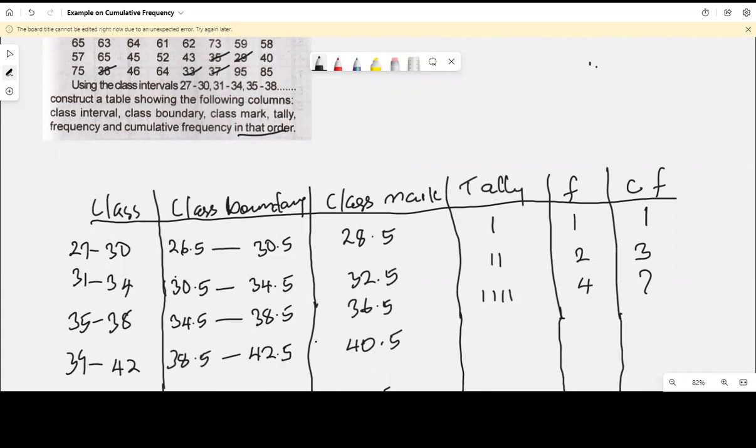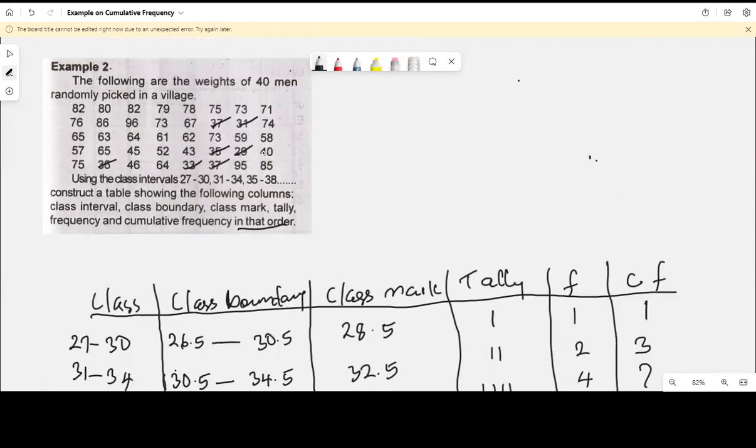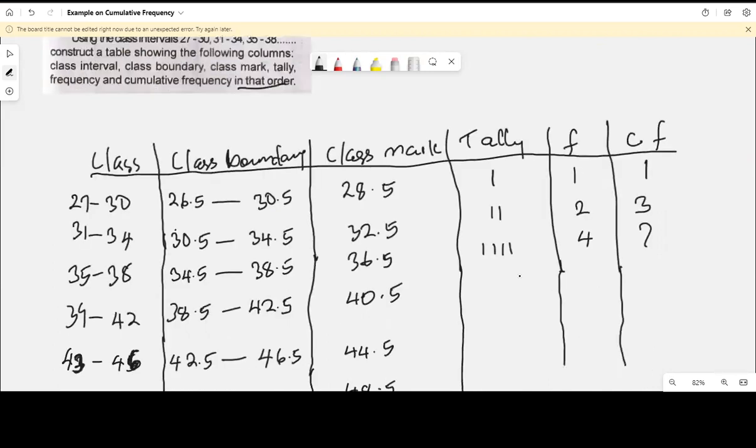Then the next interval is, this is the one we just did, 39 to 42. 1, only 1. This is a stroke. Then 1 plus 7 is 8. The cumulative is 8. And the next interval, I think I'll be marking them.